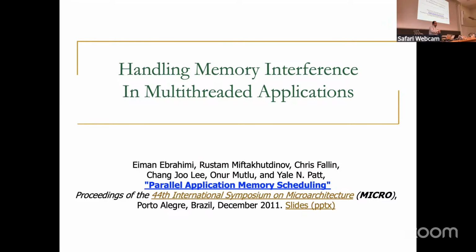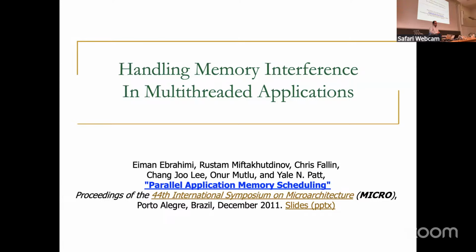I'm trying to switch gears a little bit now. So far, we discussed single-threaded applications. We discussed having different applications running on a multi-core system, but each application has only one thread. Now, it's also very interesting to see what we should do when we have one application with several threads.